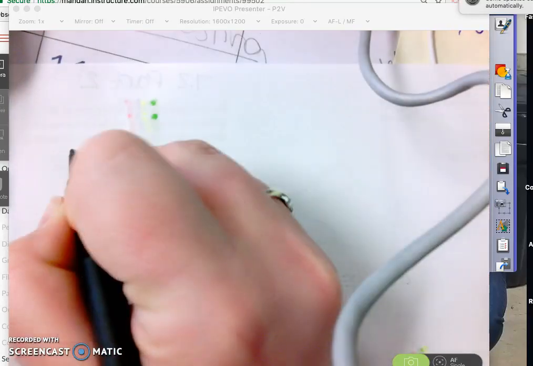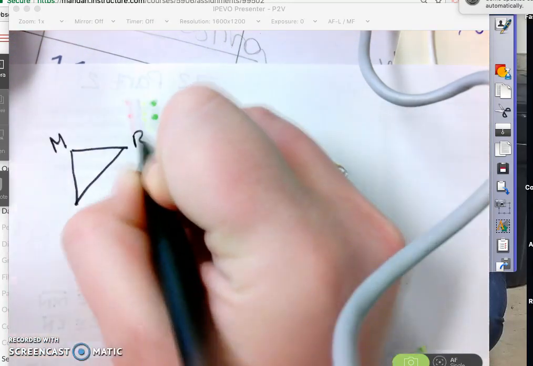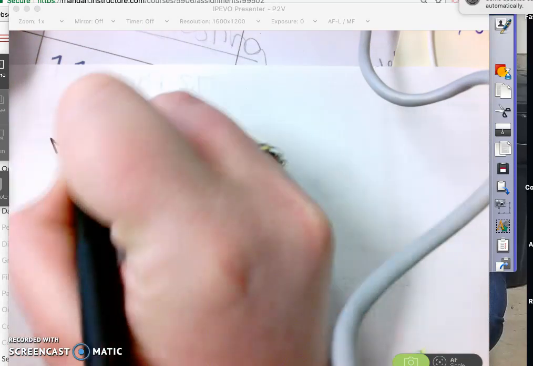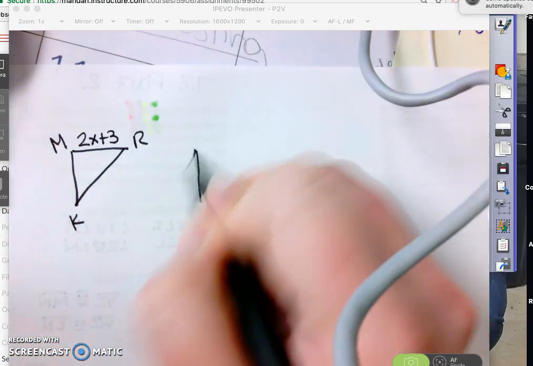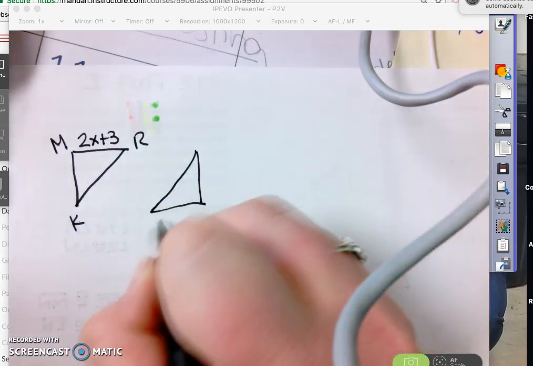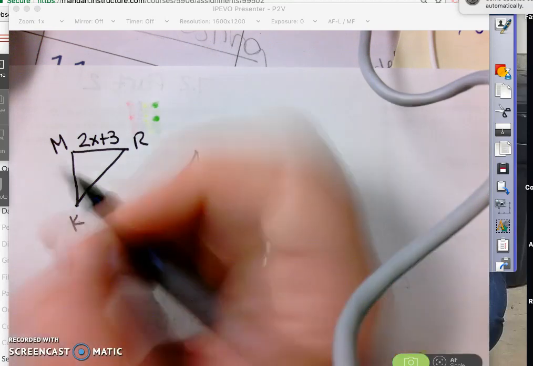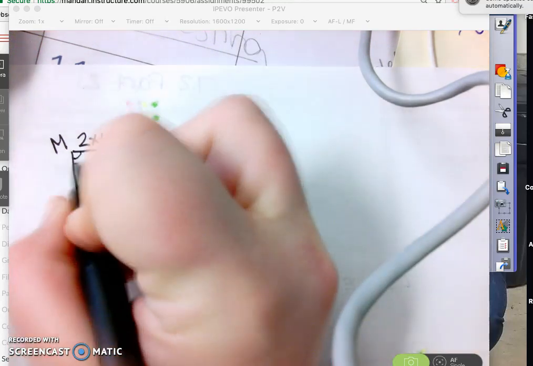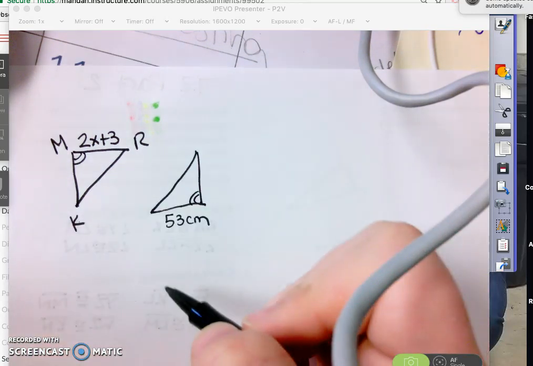I do want to do one more that's not in your notes. So if we have, let's say, MRK, and let's say this is 2x plus 3, and this is 53 centimeters. And this is 2, and this is 2, so those would be the same.